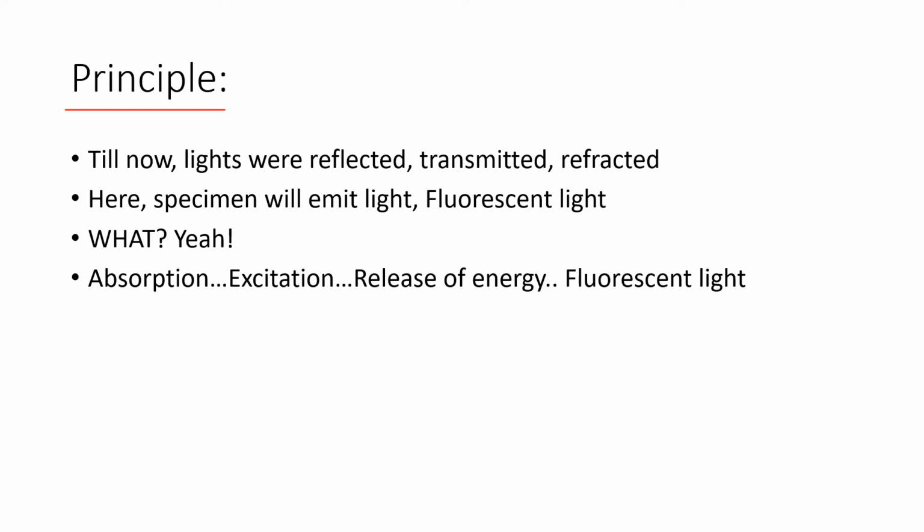We'll be ensuring that higher energy light rays hit our specimen. So the molecules will get excited and they release energy of lower energy, right? As I'm assuming you all know, energy and wavelength are inversely proportional.